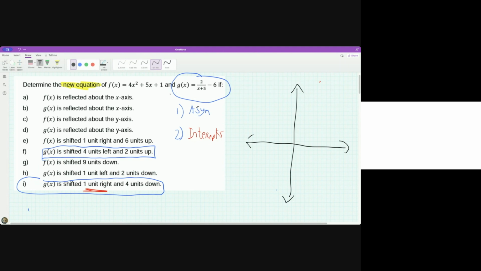Okay, so I think that the asymptotes are at x is -5 and y is -6. So visually, let's just make sure we know where they are. So let's say that this is x is -5 and this is going to be y is -6.